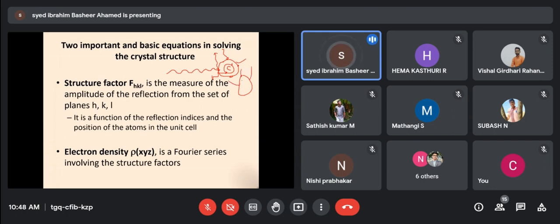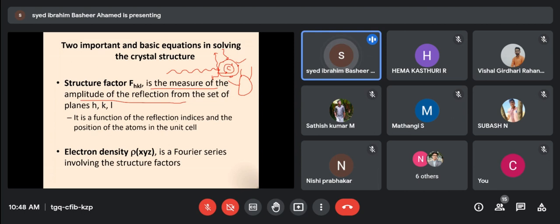The scattered X-rays are from thousands of electrons. All right. So here it is the measurement of the amplitude of the scattering X-rays, the reflection from a set of planes.